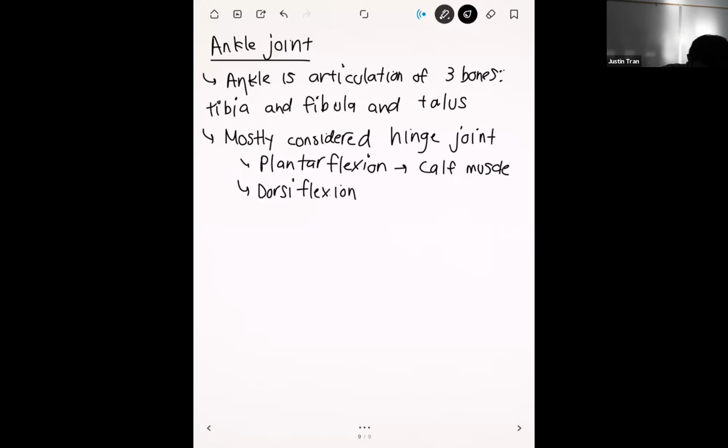Okay. And dorsiflexion, remember, that's when you try to point your toes to the sky. And so this is an action for the muscle in the front of your leg. And so it's not talked about that much because you don't do dorsiflexion all that much compared to plantar flexion.